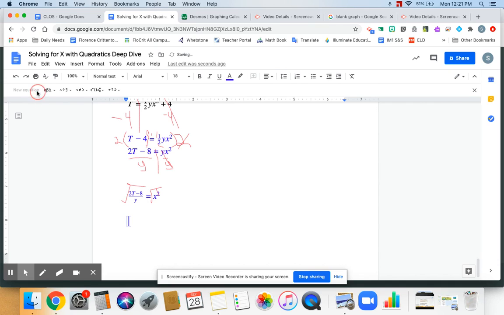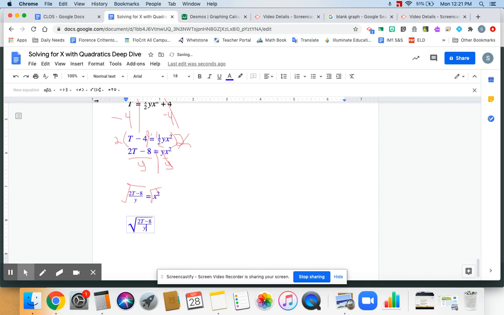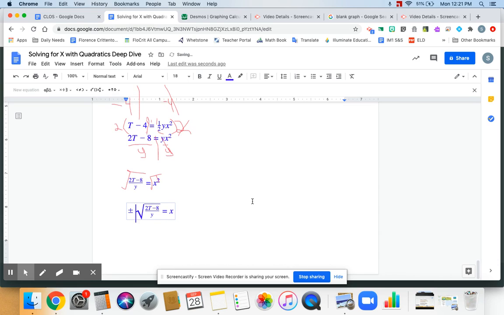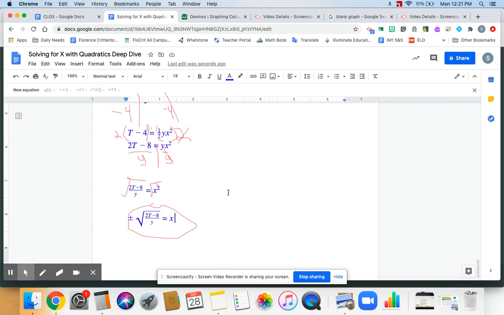And on this side, my answer just ends up being the square root of that whole little fraction. And that's what x equals, as long as I remember that it's not just positive, the square root of that, it's positive and negative. So I could either write a positive and a negative one, or I could just write the plus minus. So this would be my answer when I solve for x on something like this, where it's not in one of the three forms.